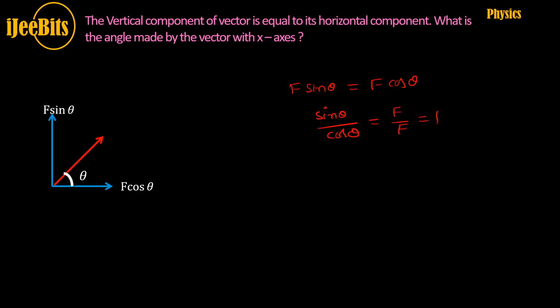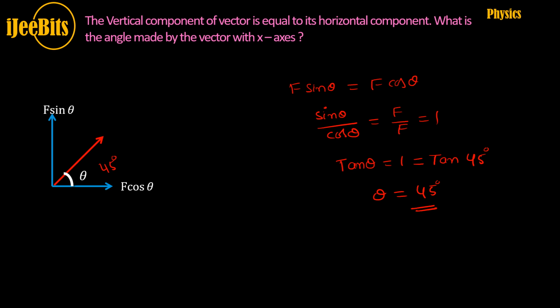Agree? So sin theta by cos theta is tan theta. So tan theta is 1. Do you know where you get 1 for tan theta? At tan 45 degrees. So by comparing left side and right side, theta equals 45 degrees. That is the answer. So theta would be 45 degrees when both components are equal.